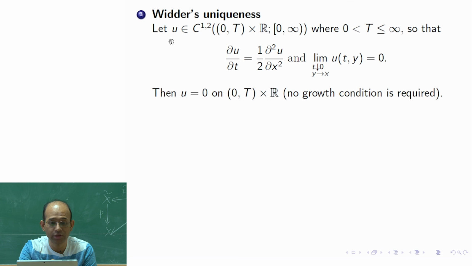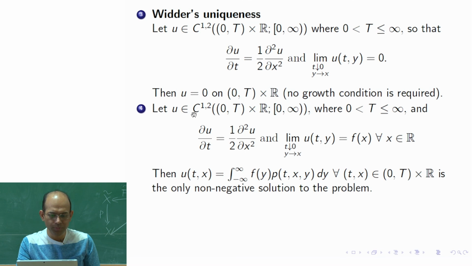However, we of course require u to be non-negative. So earlier u was allowed to be positive or negative, but should satisfy some growth condition. Here we don't need the growth condition, but we need u to be non-negative. So you understand that these two theorems are not special cases of each other, but they have different applicabilities.